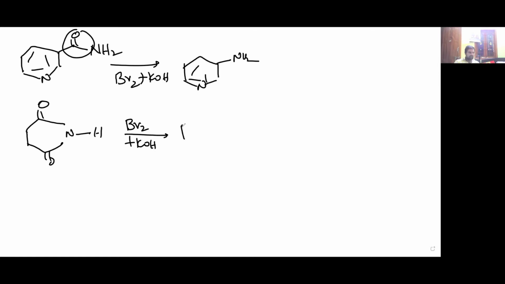You are going to get this one. This is NH2. Here the C double bond O is missed, no? So this is directly connected to NH2. Let me explain the mechanism of this conversion.